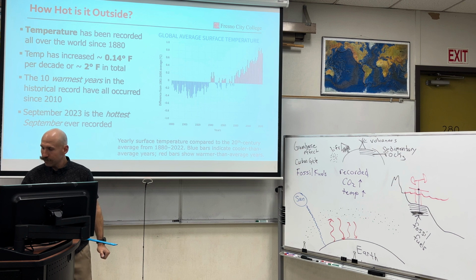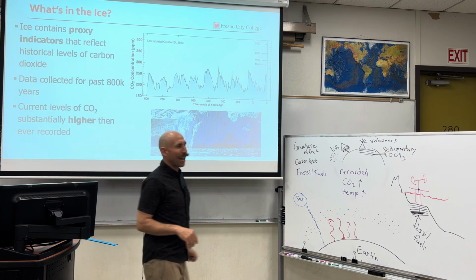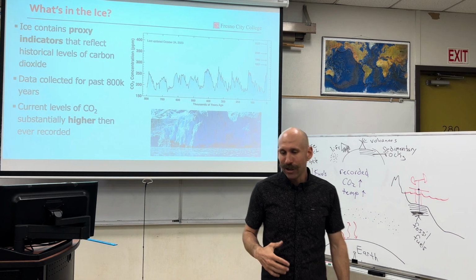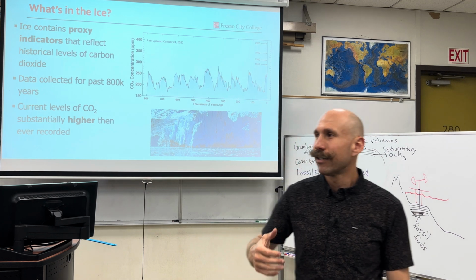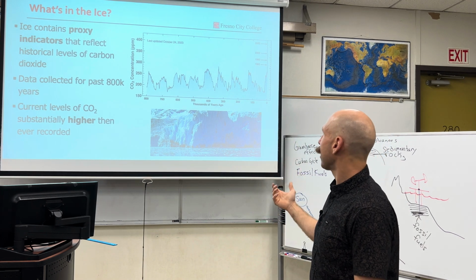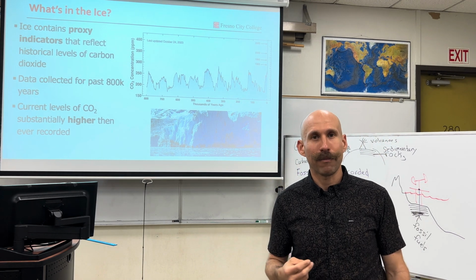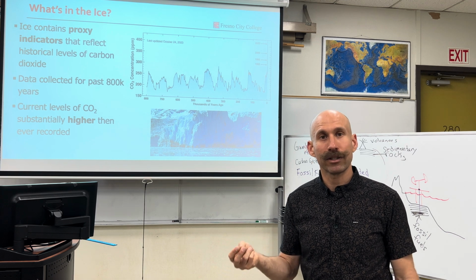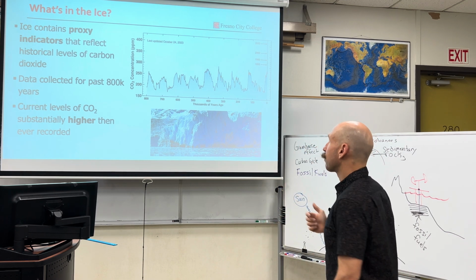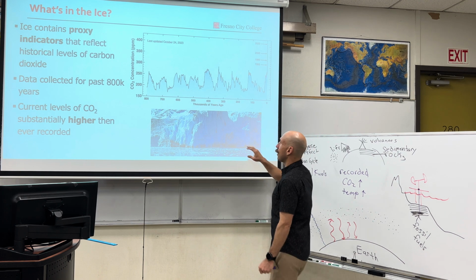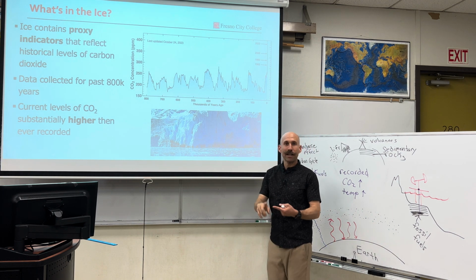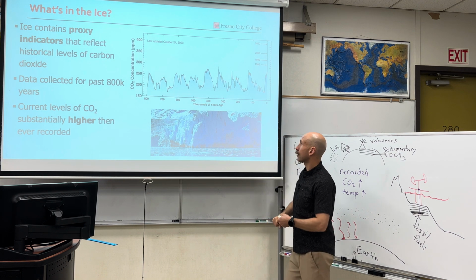Well, science is so cool, and we can use climate science to assess paleoclimates, which means ancient climates, through gas bubbles that are trapped in ancient sea ice. Greenland and Antarctica have been covered in ice for a very long time.